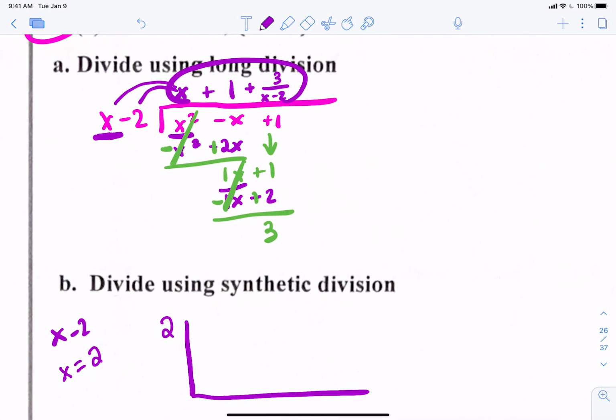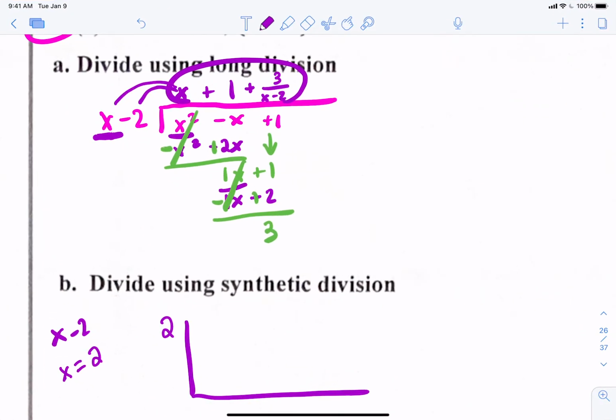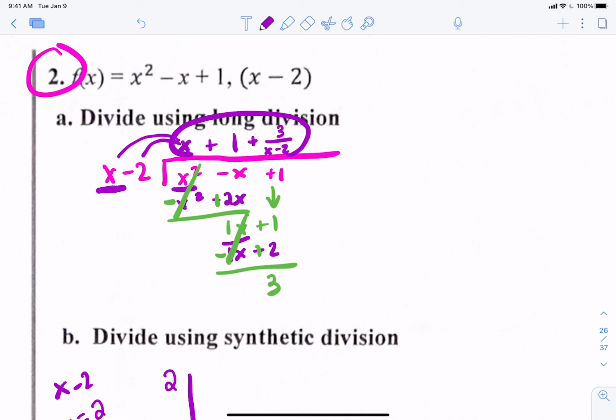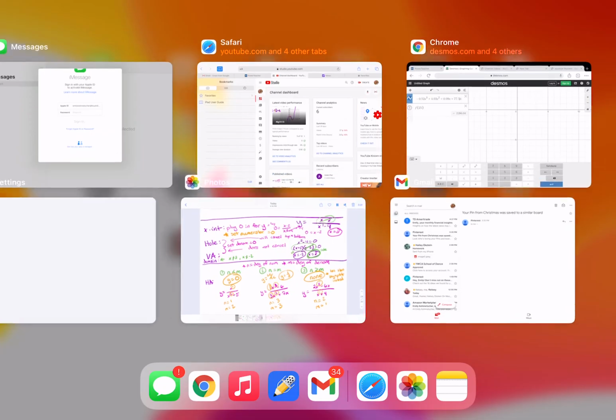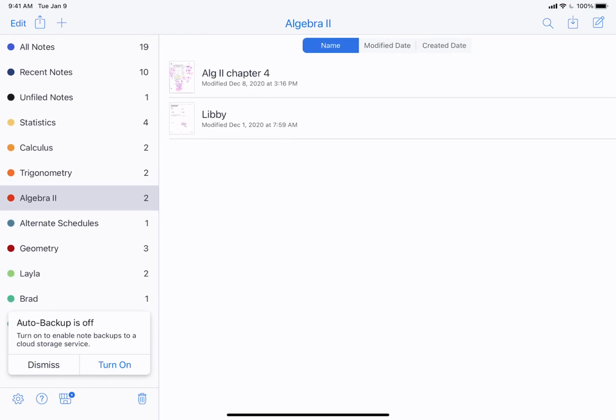I don't know why it's not letting me write. I have to shut it off and turn it back on. Is my Apple Pencil dead?